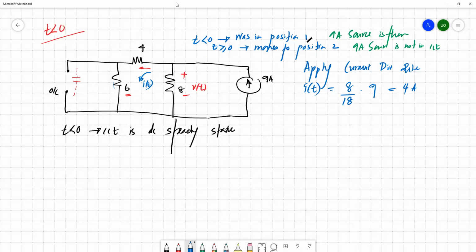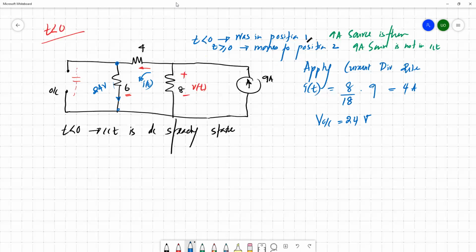So then the voltage across the 6 ohm is actually 6 into 4, 24. So then the open circuit voltage is actually 24 volt. 4 into 6, 24 volt is induced across these two terminals.